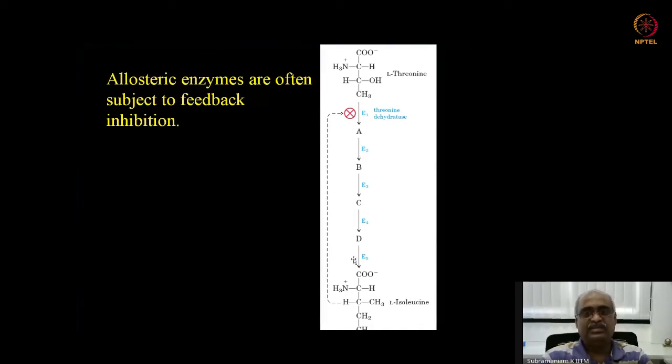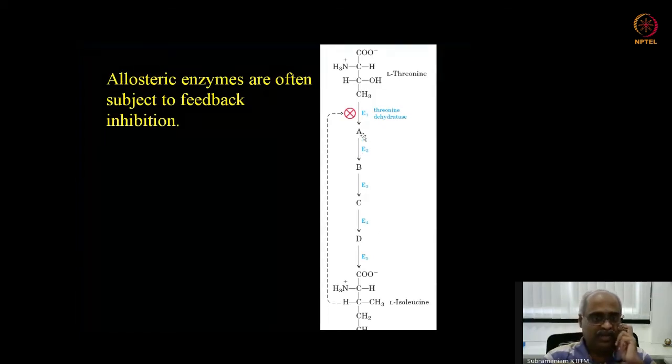Here A diffuses out from E1. So that E1 could have had multiple intermediate steps within its active site converting this to A. And that is the kind of intermediate steps we learned earlier. Now we are looking at a biochemical pathway where one substrate is converted into a sub-product which is released out of that enzyme, which can go into multiple different pathways, and in this particular direction, then E2 acts on A to make B, and so on.